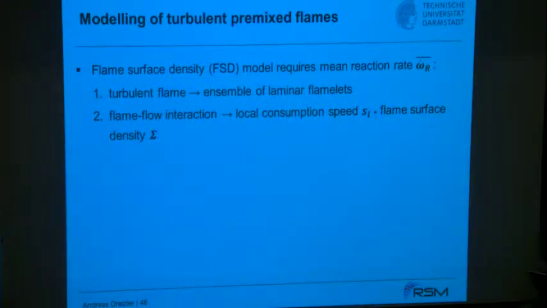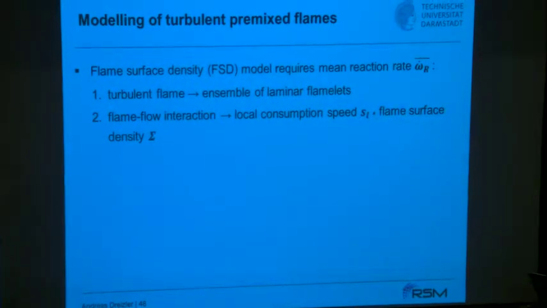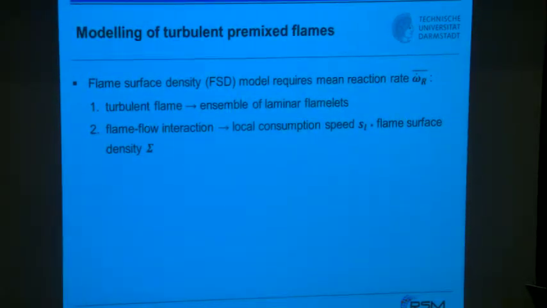Now we want to do something quantitative with that data. What I show is how to use the data to get access to the mean reaction rate. The mean reaction rate is an important quantity in modeling of these turbulent flames, and of course is prone to interactions between the flame itself and the turbulent flow.